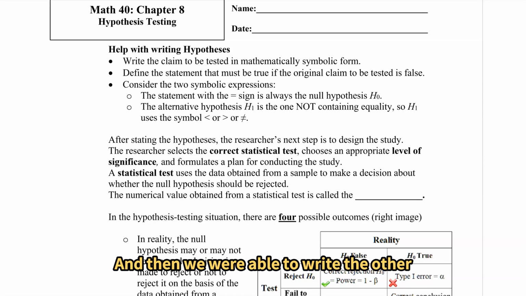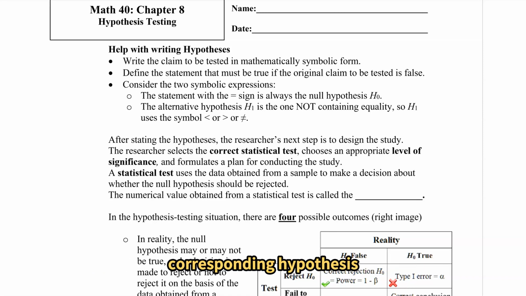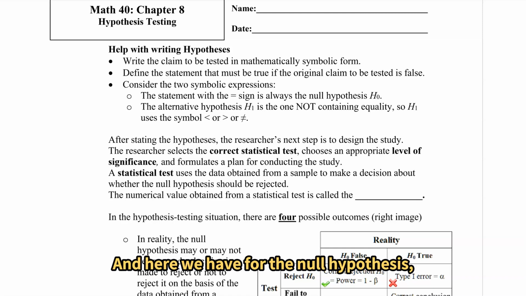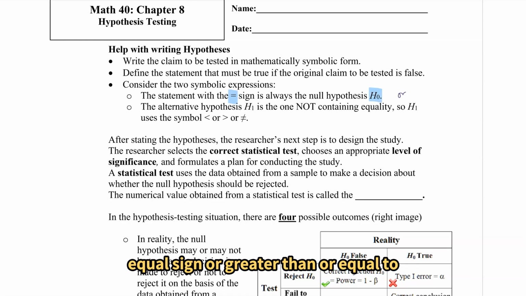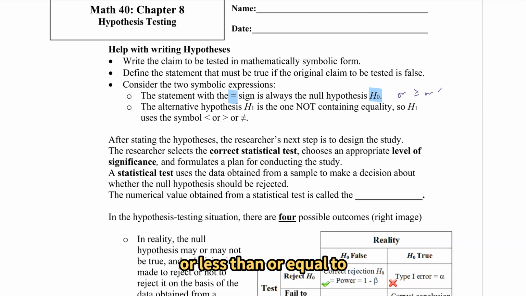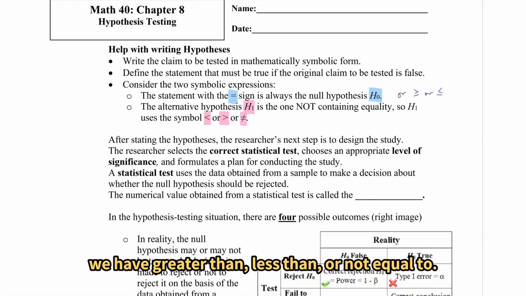And then we were able to write the other corresponding hypothesis by determining the statement that must be true if our claim is false. What's the opposite of our claim? And here we have for the null hypothesis equal sign or greater than or equal to or less than or equal to. Those are okay as well. And then for our alternative hypothesis not containing equality, we have greater than, less than, or not equal to.